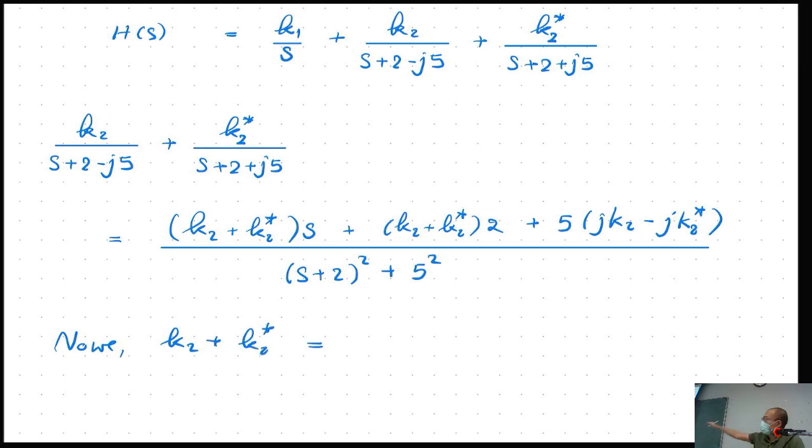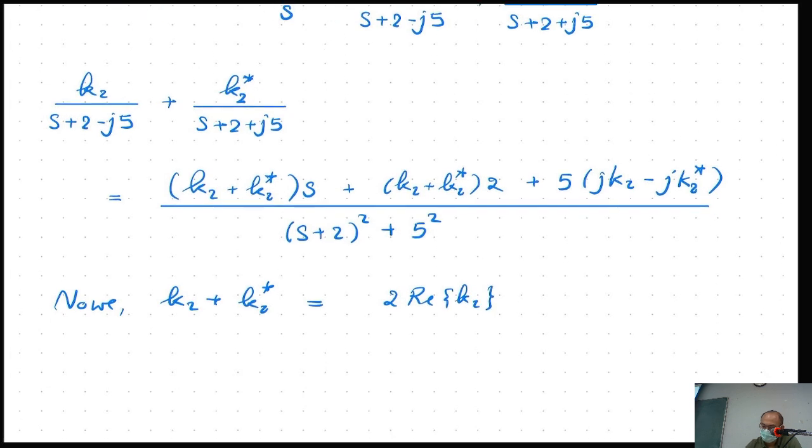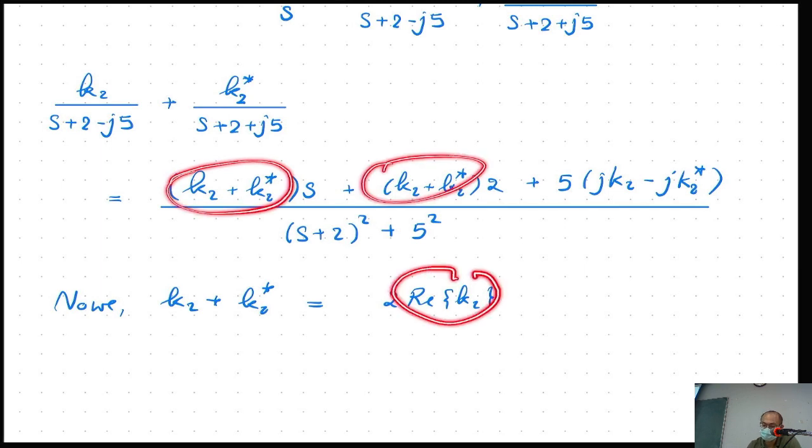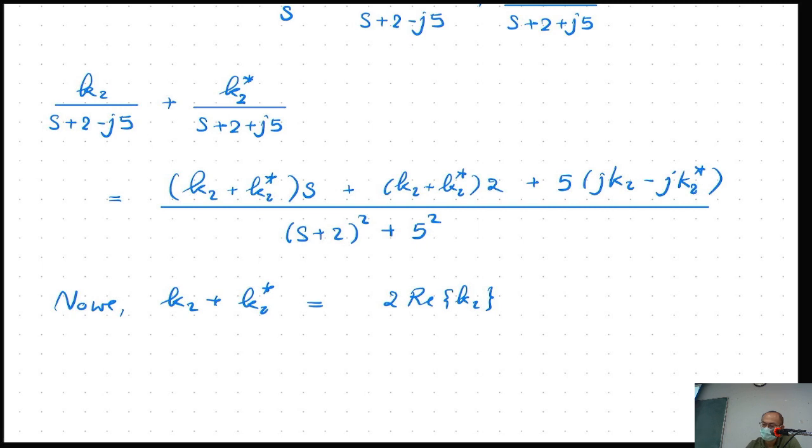If you add two complex conjugates together, you're going to get twice the real part of it, because the imaginary parts will cancel out. So you're going to get 2 times the real part of K2, right? Now, what about this guy? So these two terms are real numbers. What about the last term?